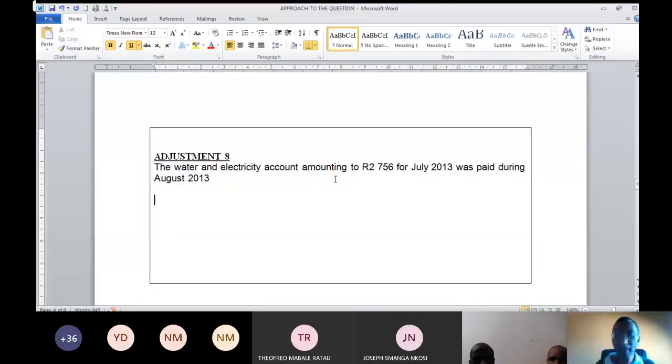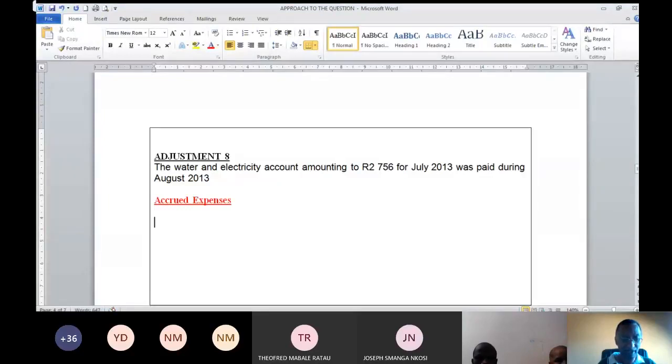It is the July expense, but we only paid it in the new financial year. So this is an expense that we did not pay. If you come across an expense that you didn't pay for the current financial year, you call that accrued expenses. So we are dealing here now, guys, with accrued expenses.